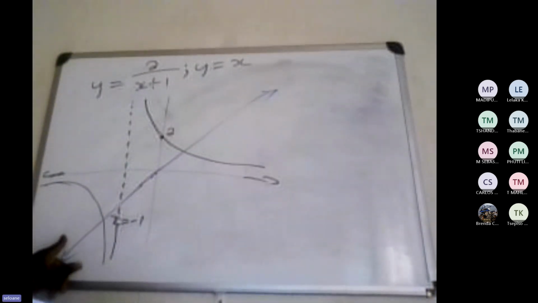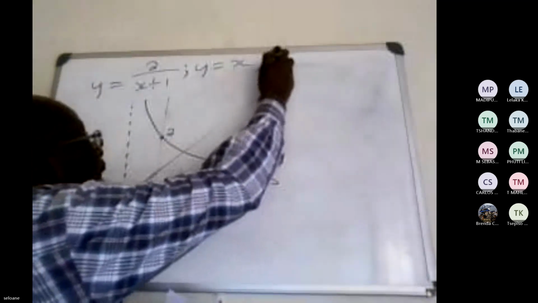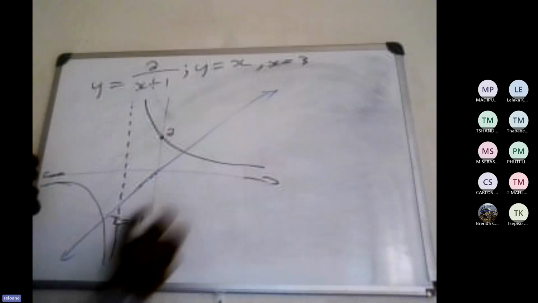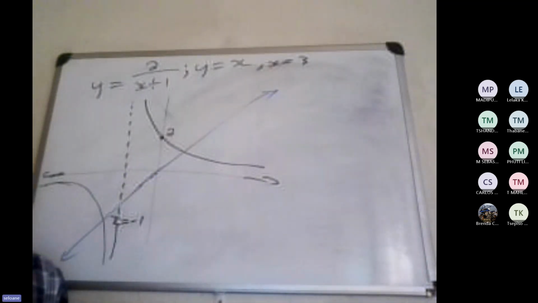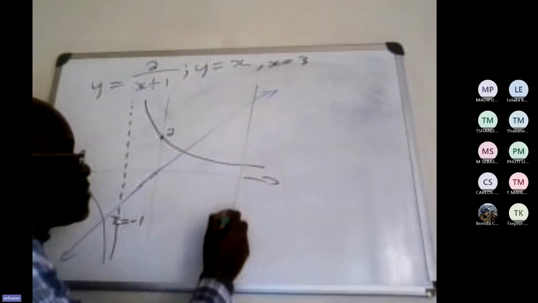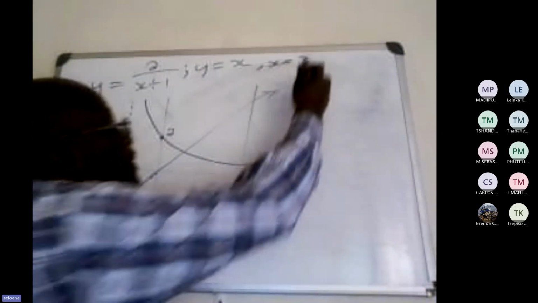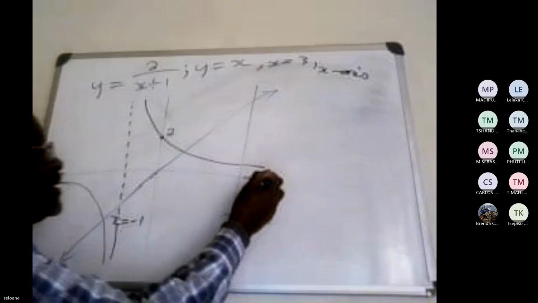This is going to be one of the fences. And next, x equal to 3. One of the fences is x equal to 3. Let us use another color. x equal to 3, that is this. And another one, the x-axis. That is this.